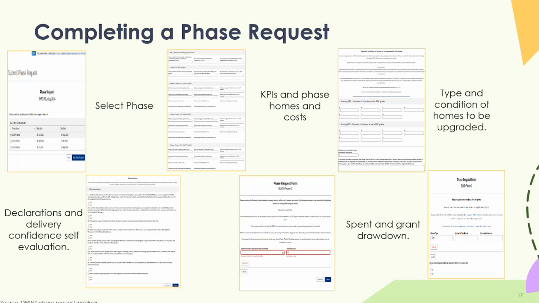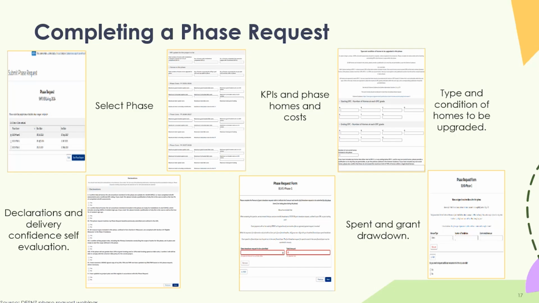Then you've got the type and condition of homes to be upgraded. So this is where you'd put starting and ending EPCs. Again, if you've got any properties that are starting at EPC C or ending at EPC B or non-social homes, etc., just make sure you provide justification for that.